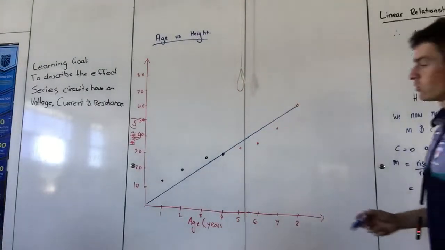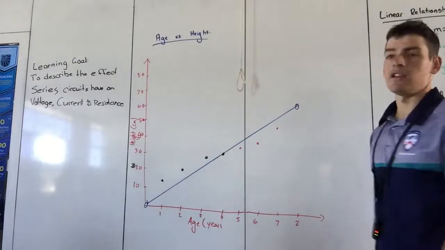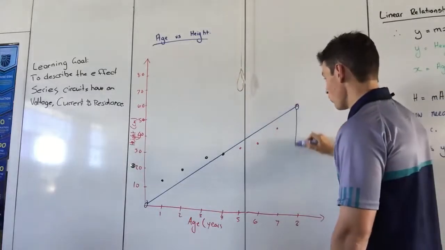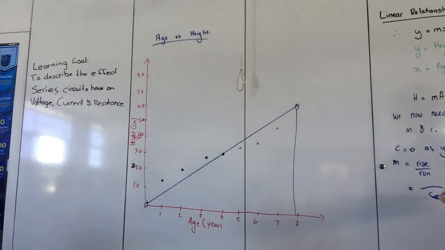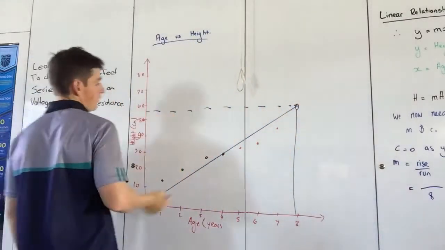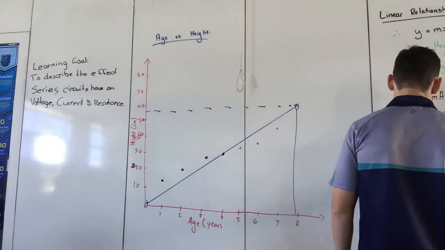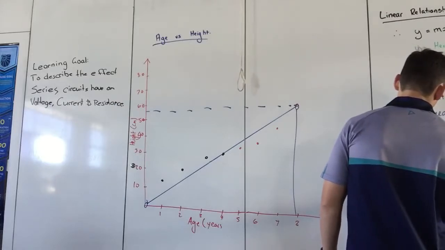So I'm going to pick 2 points. I'm going to pick this point here and this point here. Does it matter which points I pick on my line? Providing they're on my line, it's all good. So my run is what? 8 years. And what's my rise? Let's just go about 55 because again we're the pinnacle of accuracy here. Actually, I'm going to go 60 because it's a nicer number. Is it? No, it's not much nicer. 64. 56.